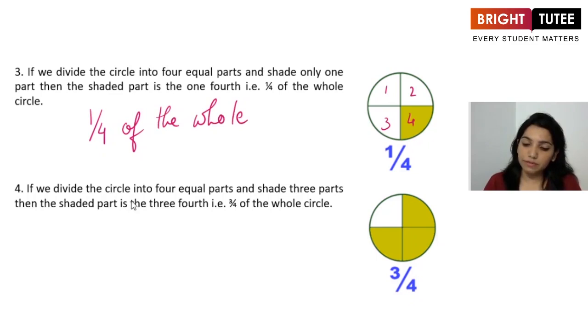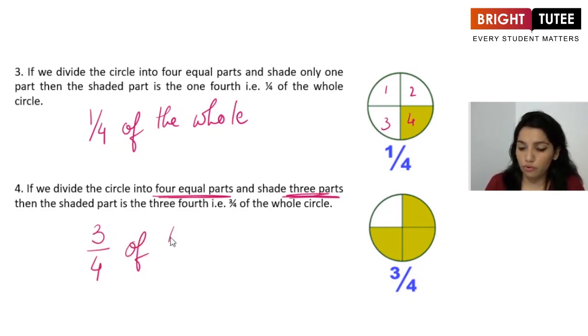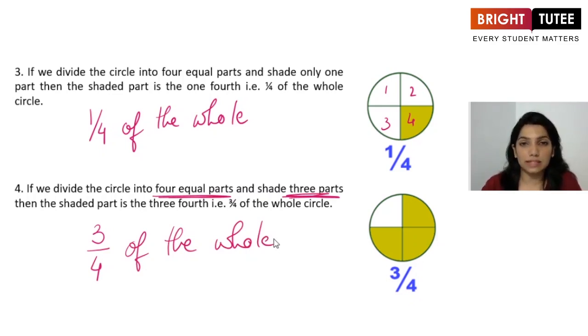Now, if we divide the circle into 4 equal parts and shade 3 parts, what do you write? You write 3 out of 4 are shaded, so it is 3/4 of the whole circle. I hope this is clear how we are supposed to look at a diagram and say what part is shaded. So we just count all the parts that it has been cut into and we write whatever fraction is being denoted.